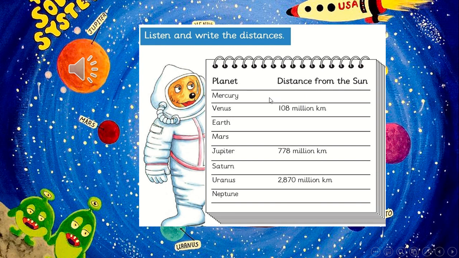How many kilometers are these planets away from the sun? So listen and write the number. We will start from Mercury, then we will go to Neptune, then we'll come to Earth, Mars, and then Saturn. Okay, let's start.